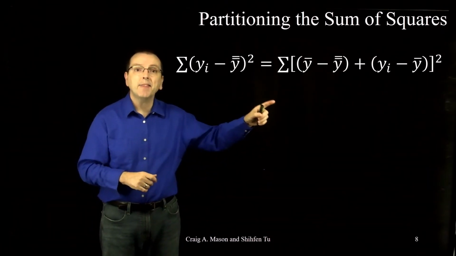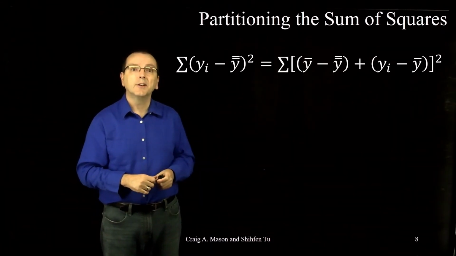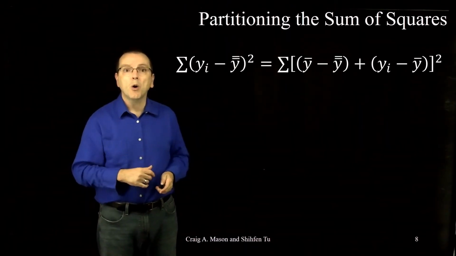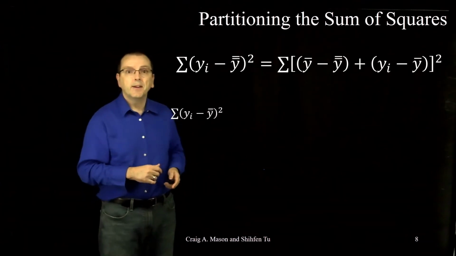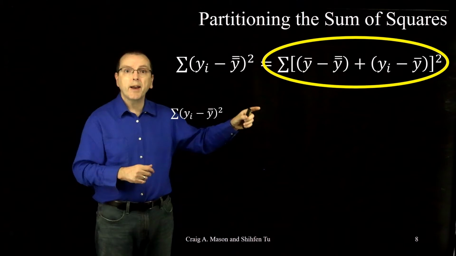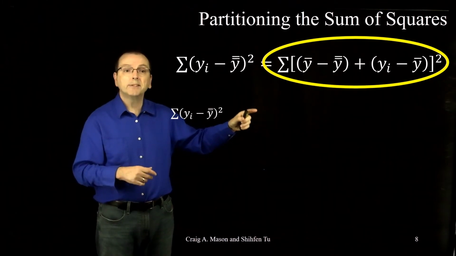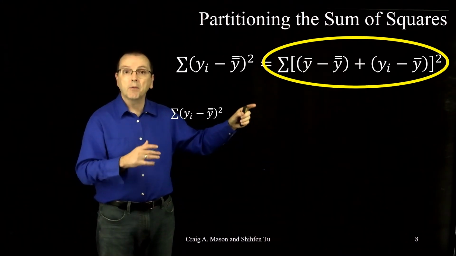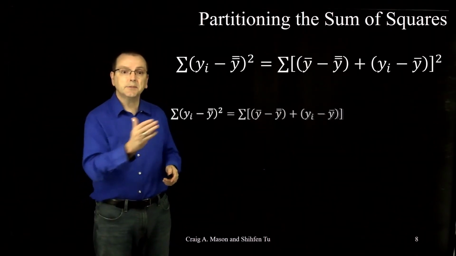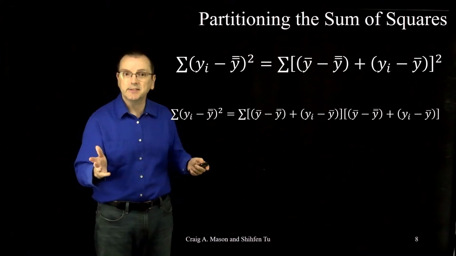And this is where it gets pretty cool. Let's expand that right-hand side of the equation. This gets a little messy, so we'll start a new row, okay? Now, we're squaring the y bar minus y double bar plus y sub i minus y bar, right? So let's write that out twice, multiplying it by itself, okay?